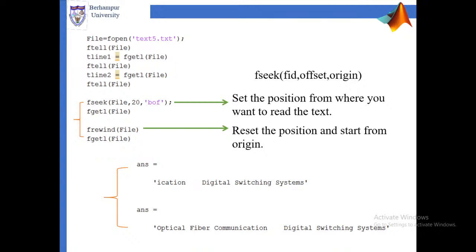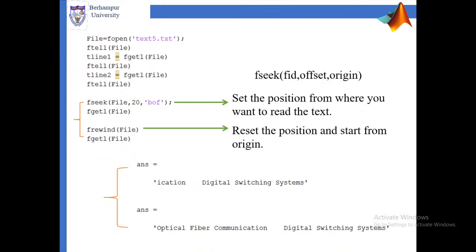So this will set the position of the pointer from where you want to read the text. If you want to read from 20 characters after the beginning of the file, you put this. And then you can also write frewind. Rewind means you will reset the position, it will come back to the original position.